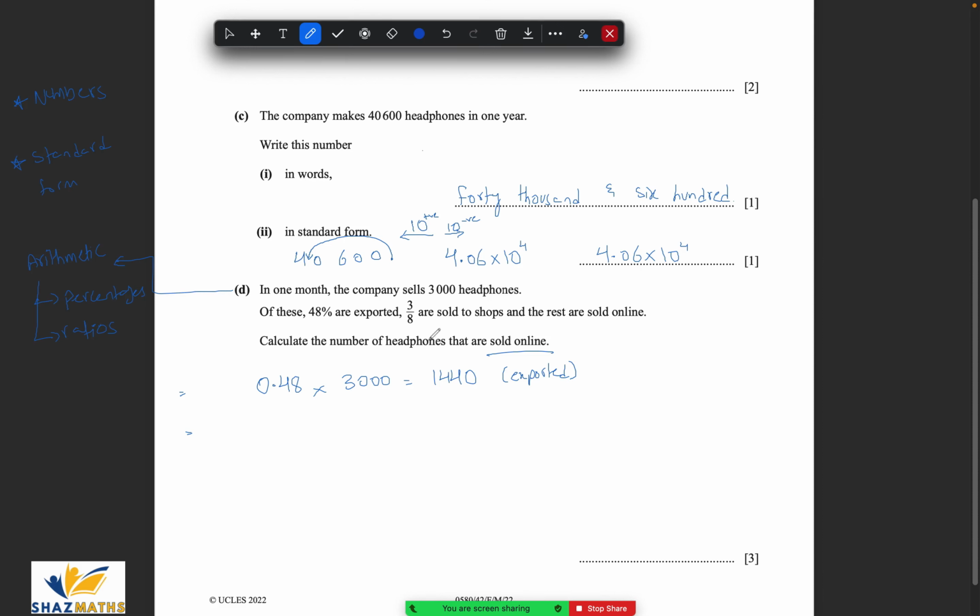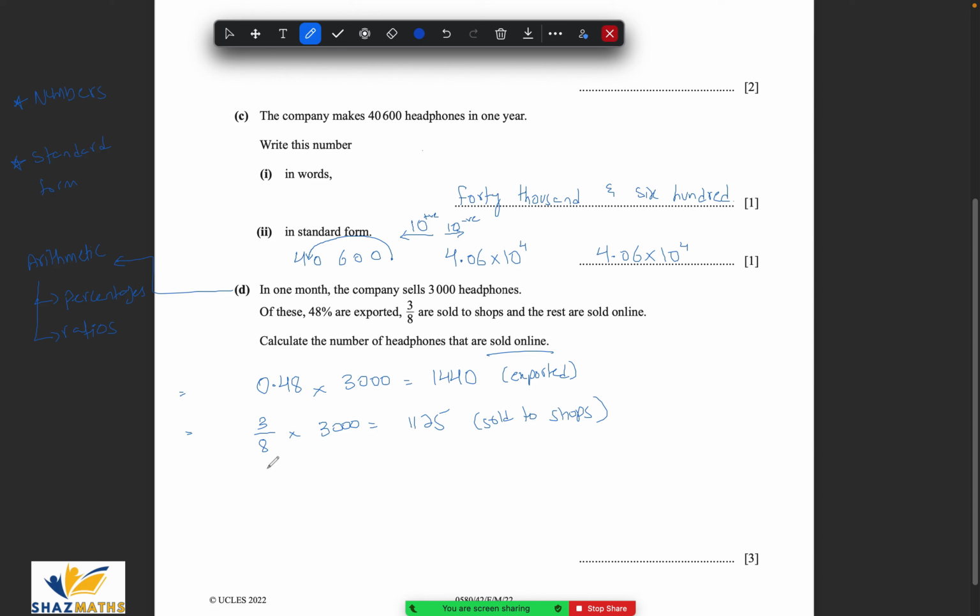Okay, 3 by 8 are sold to the shops. So 3 by 8 of 3,000. So that is going to be 1125. That is sold to shops, and the rest are sold online.